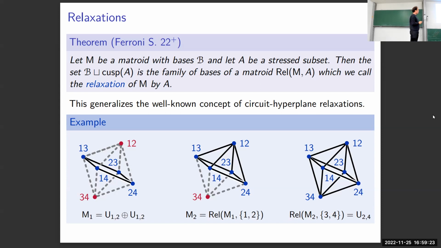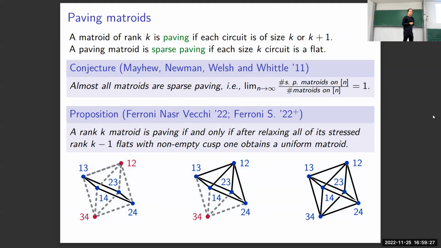And now, why is relaxation nice? Because relaxation describes many new matroids given one. A particularly interesting class of matroids are paving matroids. A matroid is paving if each circuit is of size k or k plus 1, where k is the rank of my matroid. If you look at the lattice of flats, then all interesting things happen only on the top level.